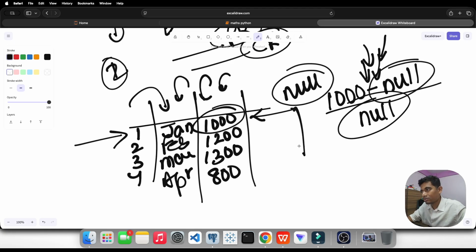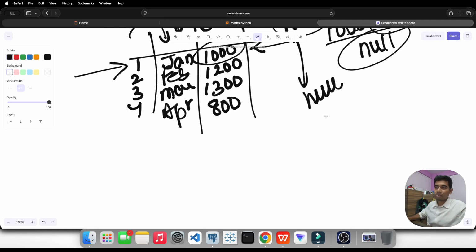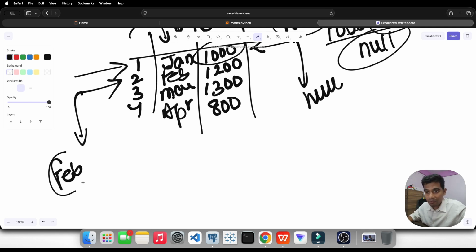So the output for this will be null. Now Python will go to the next row, and Feb is the current row right now. Previous, do we have any row?